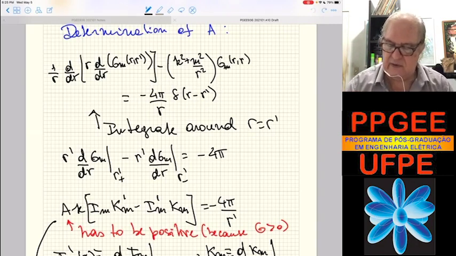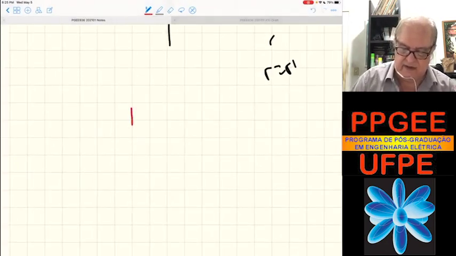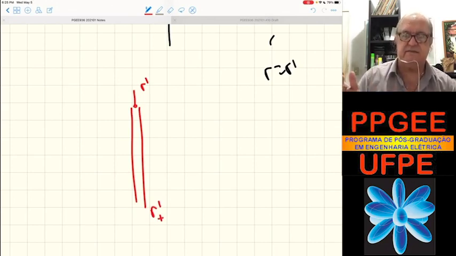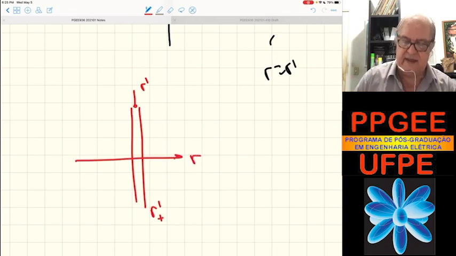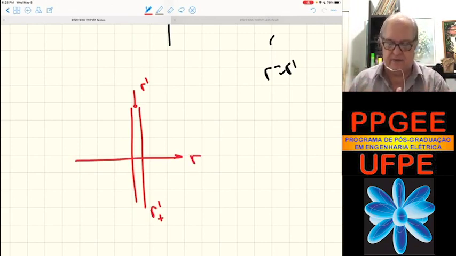okay, because you see we are integrating on a very narrow region across r prime. So on one side we have r prime plus, so r is a variable, right? I'm integrating r across r prime.